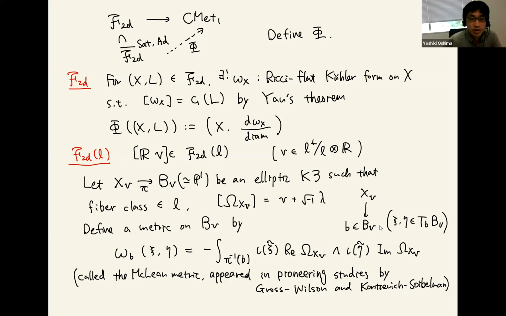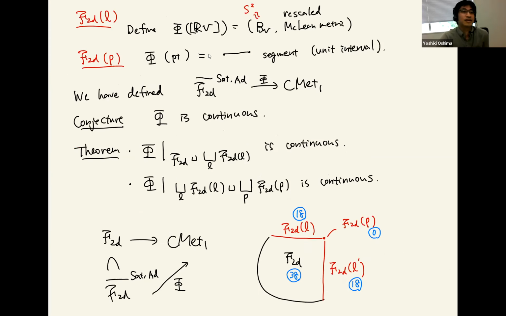So for a boundary point here, we attach this McLean metric. This is homeomorphic to S2, and we rescale again so the diameter becomes 1.